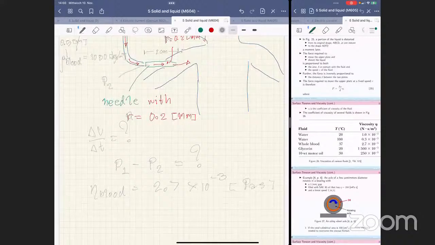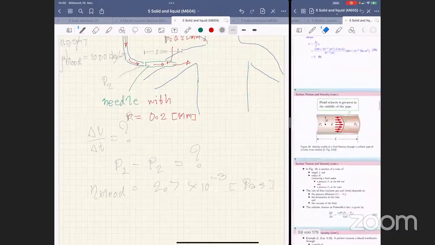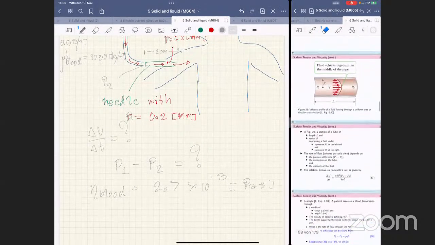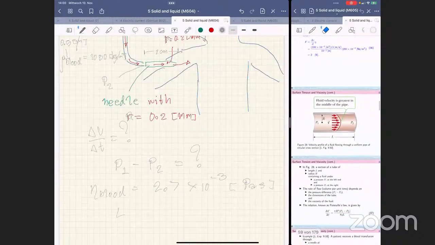Simply speaking, Pascal second. And that is eta. In the Poiseuille formula, we need to know more: the length L, which is 2 centimeters or 2 times 10 to the negative 2 meter, the length in SI units. But we are still stuck with P1 and P2, the pressure difference. What is that?